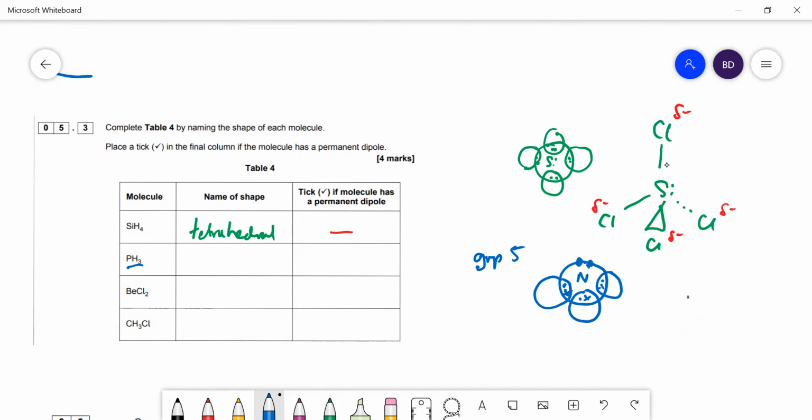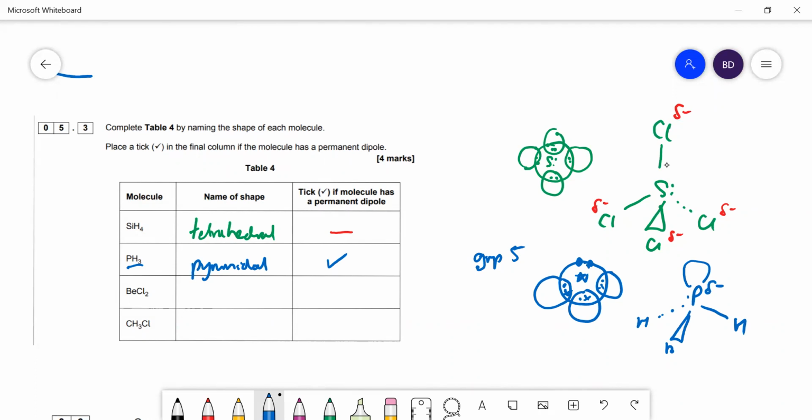So that's P there. It's based on the tetrahedron, but you've got the lone pair on the top there. And that molecule is not symmetrical, and phosphorus is more electronegative than hydrogen, so it will have a dipole. And we'll call it pyramidal. Phosphorus is not as electronegative as nitrogen, obviously, because it's one down, but it is pretty electronegative.